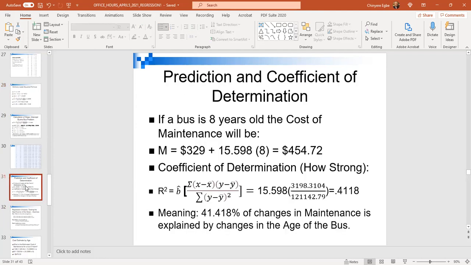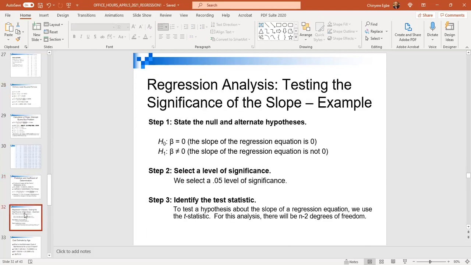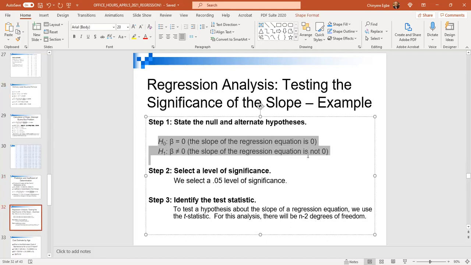And we reach that conclusion that b is actually equal to 0 by a test of hypothesis, okay? And so how do we test that hypothesis? So we state a hypothesis. The null hypothesis will be that b is equal to 0, which means that the slope of the regression is 0.